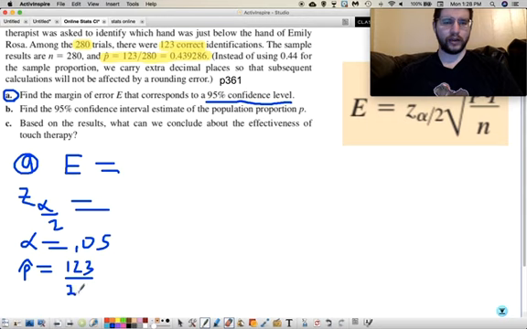We need to keep our answers as accurate as possible, so we only round at the very end. Q hat is 1 minus p hat. If we do 1 minus this fraction, you can feel free to use your calculator or just subtract 280 minus 123. That's going to be 157.